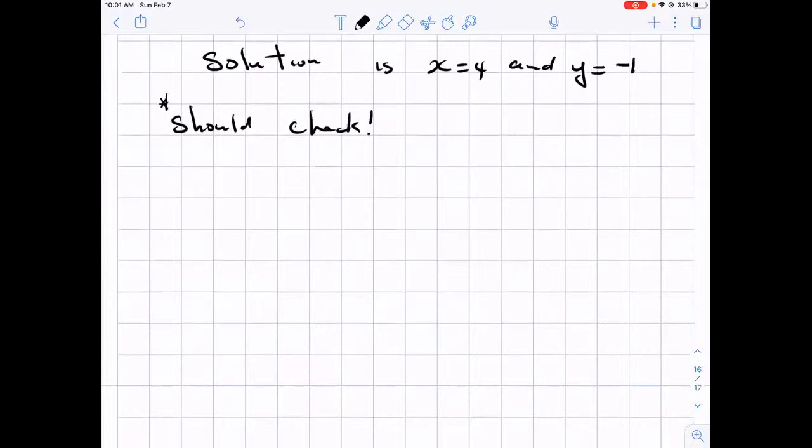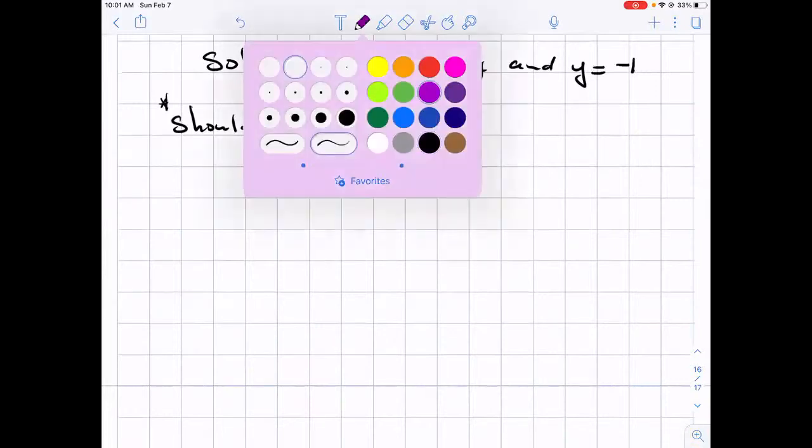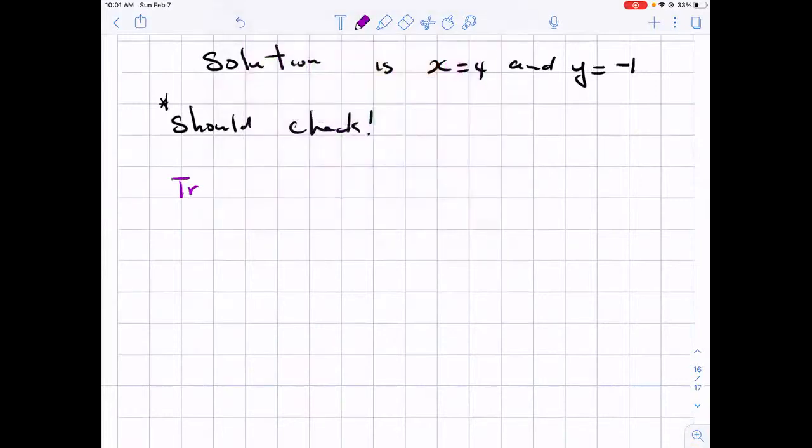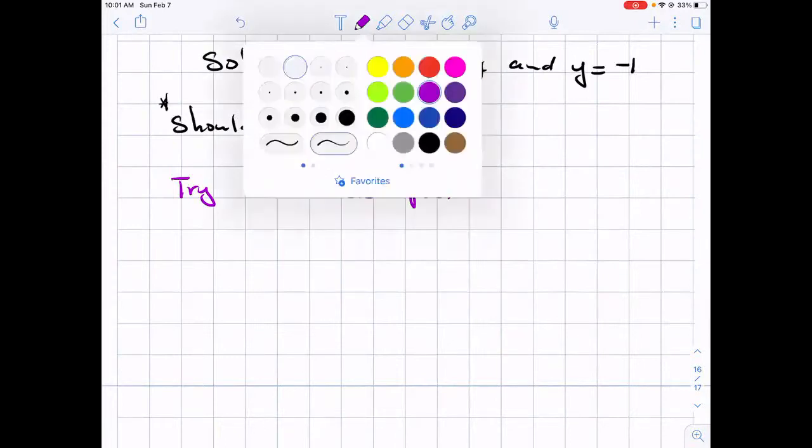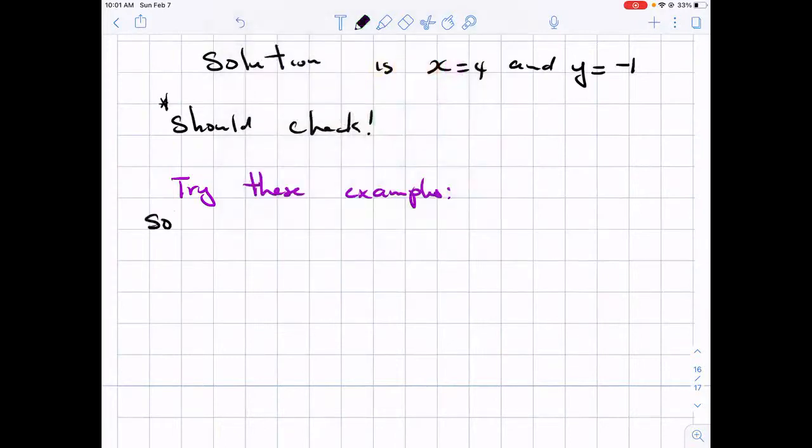If you want, I would ask you to try these examples. And I'm not going to specify which method, I will just say solve. So you could try whichever method you want. So solve the following.